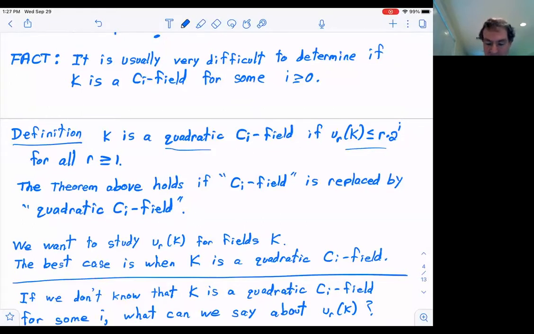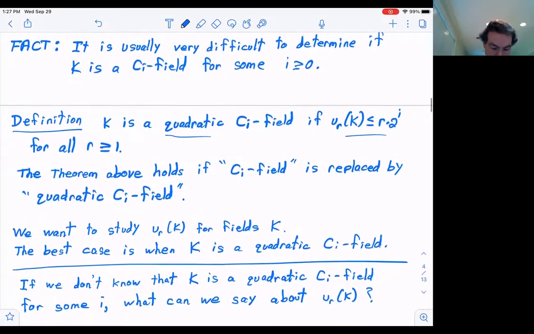If we make an assumption about systems of quadratic forms, then this is good, because then the theorem above that I just spoke about holds if the phrase CI field is replaced by quadratic CI field. So if we're only interested in systems of quadratic forms, we still have this wonderful notion of a quadratic CI field, and with then the hereditary properties of algebraic extensions and function fields and so on.